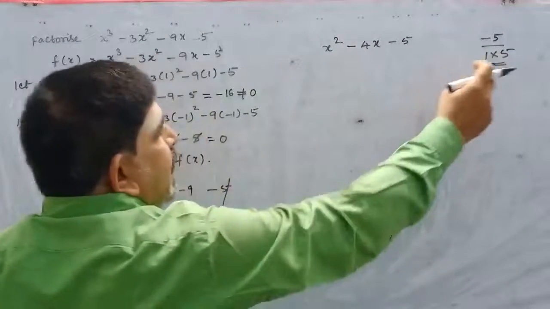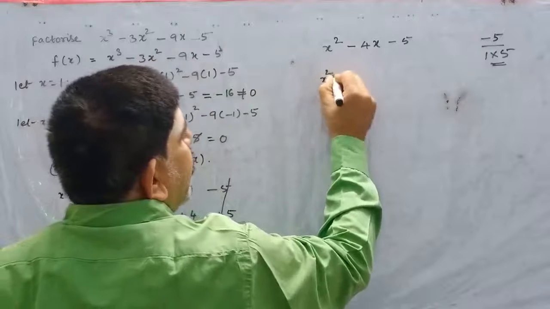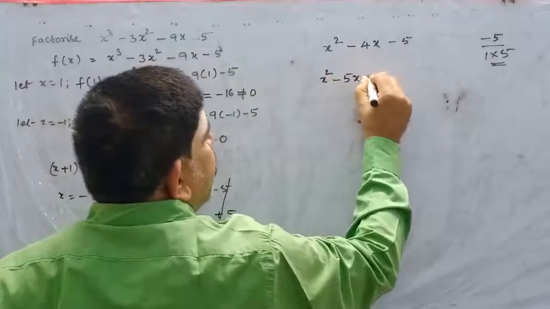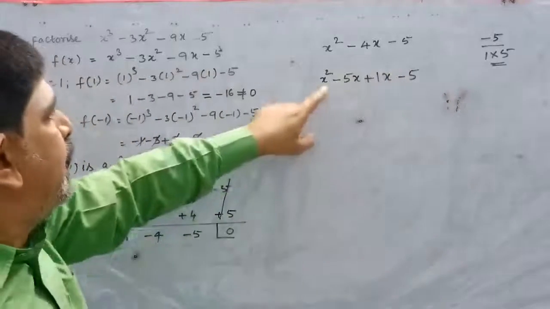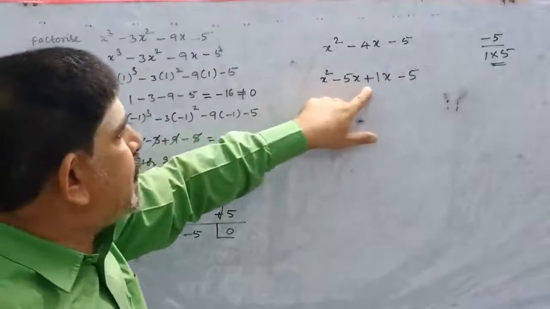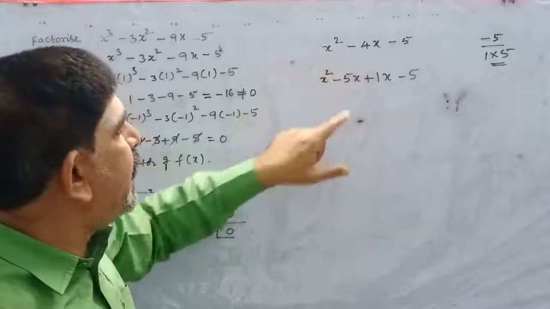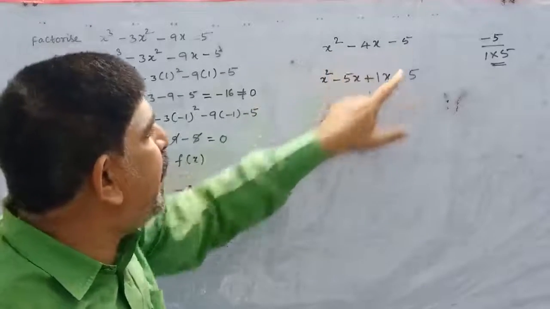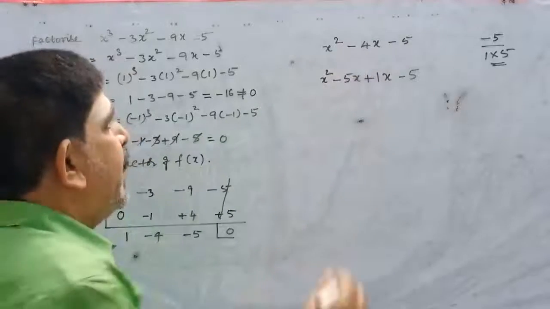So we take the minus symbol for the highest factor, that is x square minus 5x plus 1x minus 5. Minus 5x plus 1x is minus 4x.